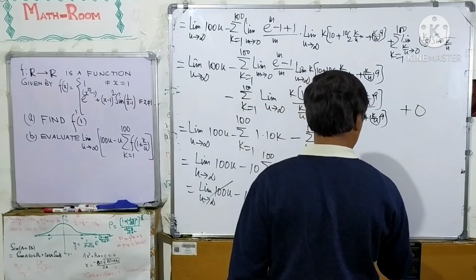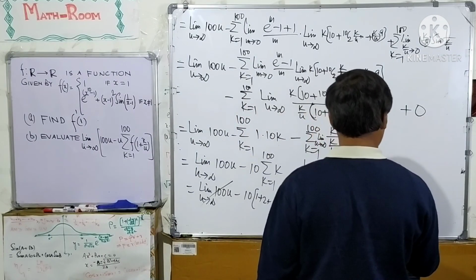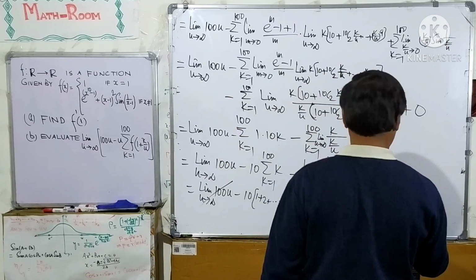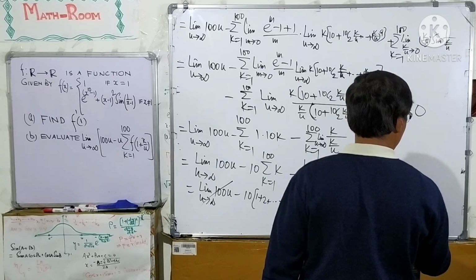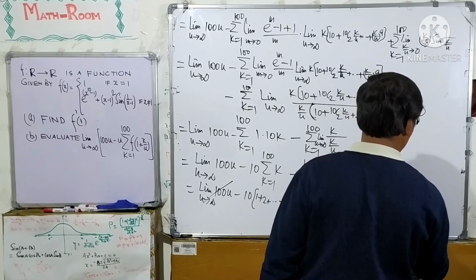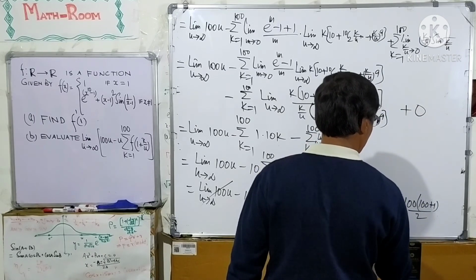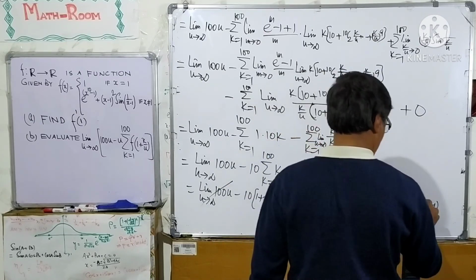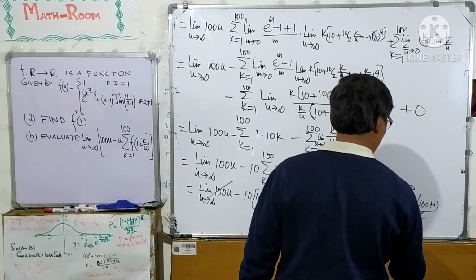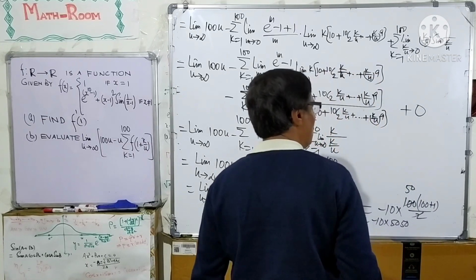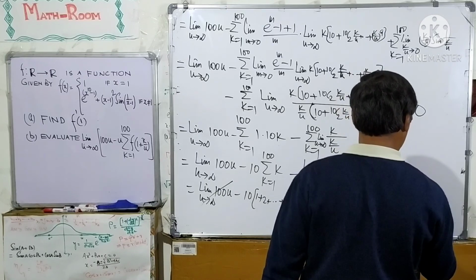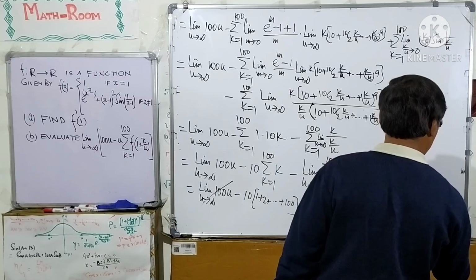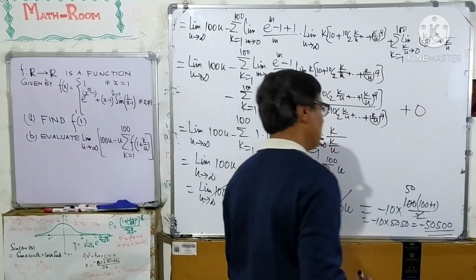So, the value of this limit is minus 10 into the sum of this AP series, whose sum is 100, number of terms into number of terms plus 1 over 2, that is minus 10 into 50 100, equal to minus 50,500. This is the value of this limit.